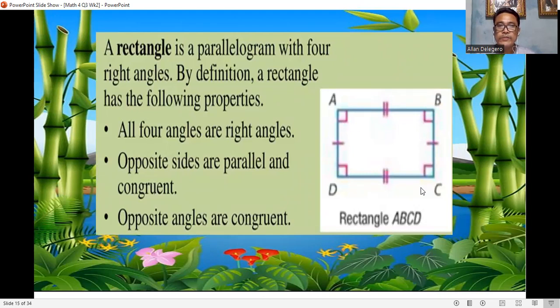Opposite sides are parallel and congruent. Parallel and they are equal. Opposite angles are congruent.